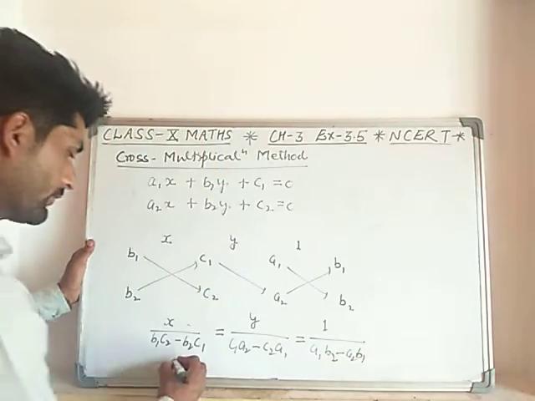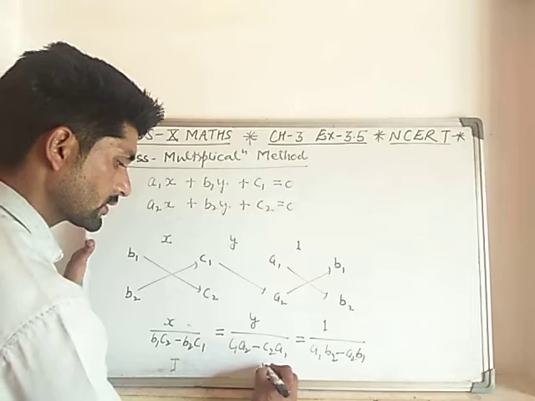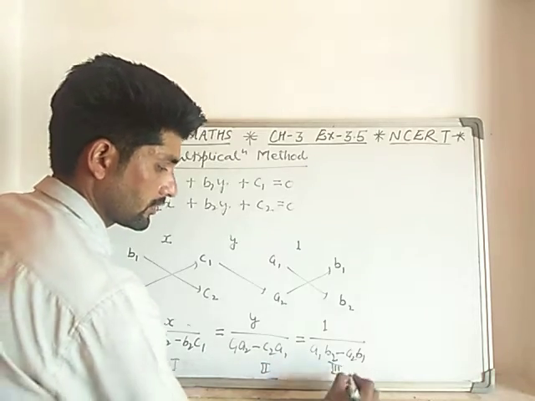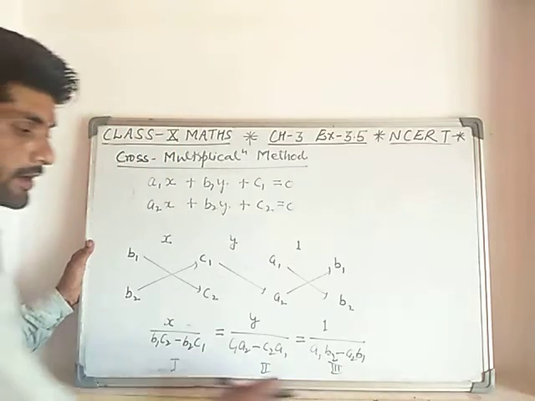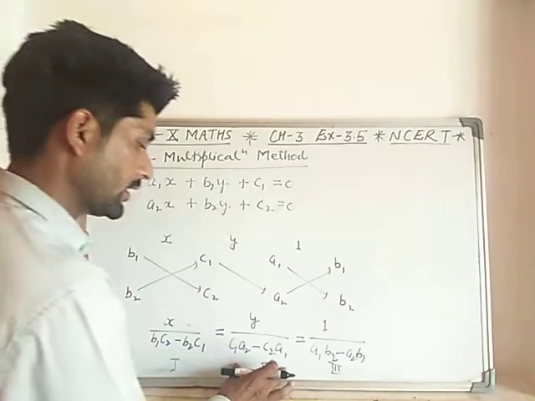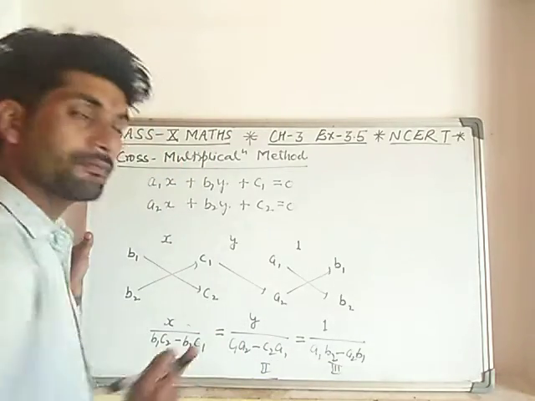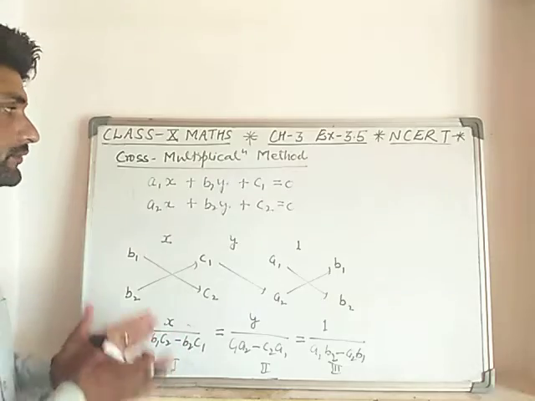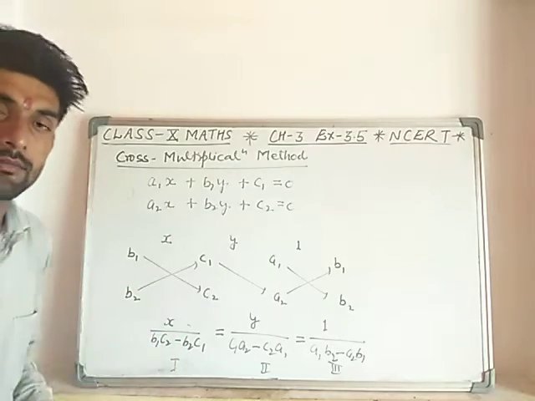So we have to solve the first part and third part to get the value of x, and you have to solve the second part and third part to get the value of y. So this is our cross multiplication method.